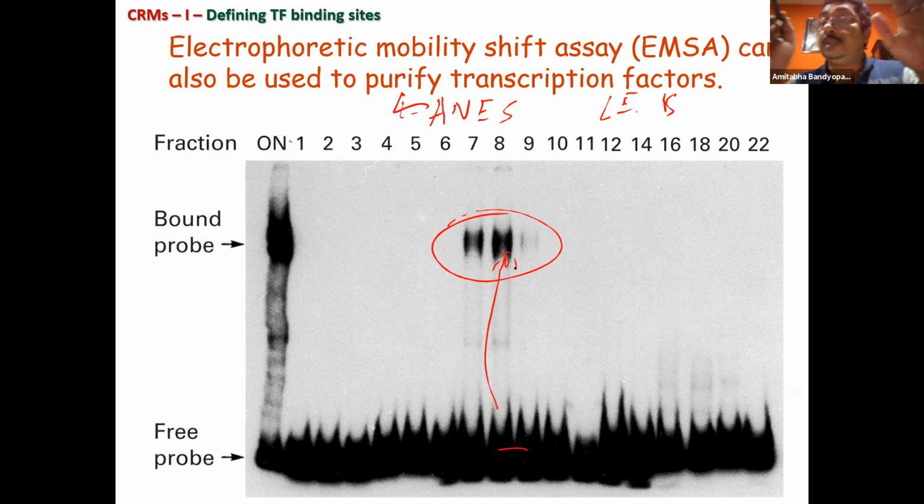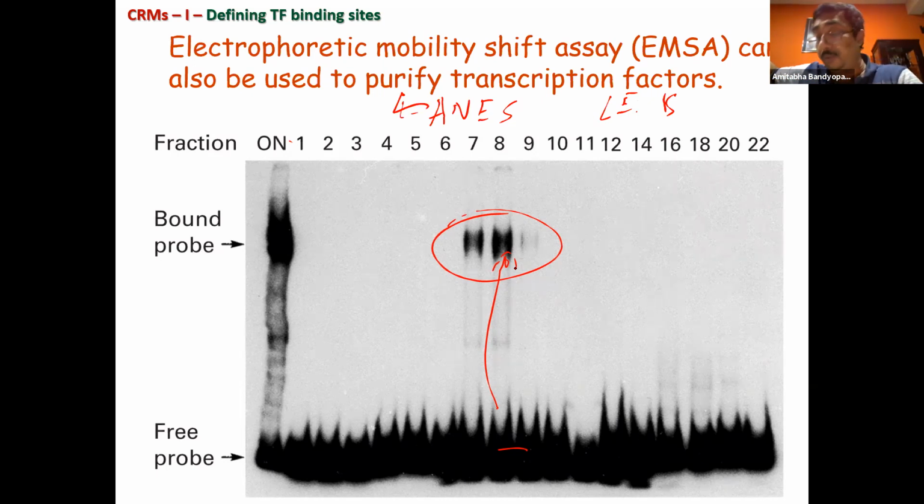So you know that there is something in this protein solution that can bind to the enhancer. You can do a fractionation scheme, purify it, and then identify the protein. That is something that has been done for identification of transcription factors when you know the enhancer.